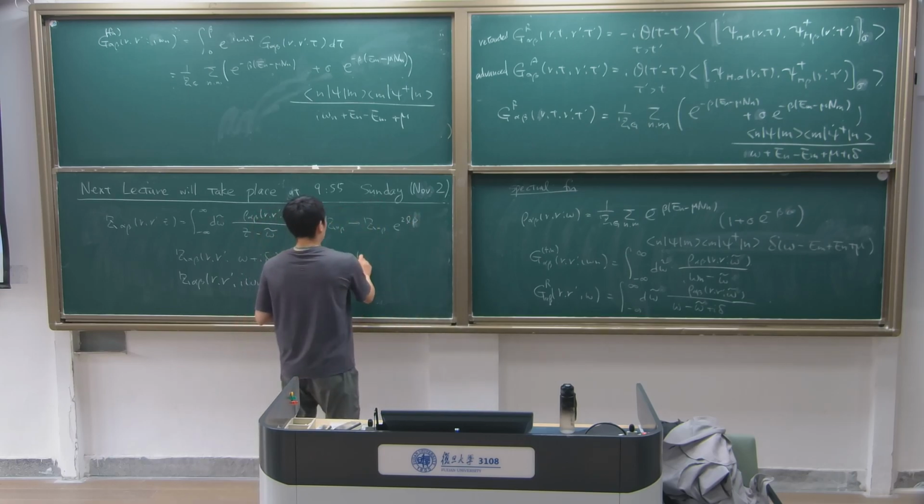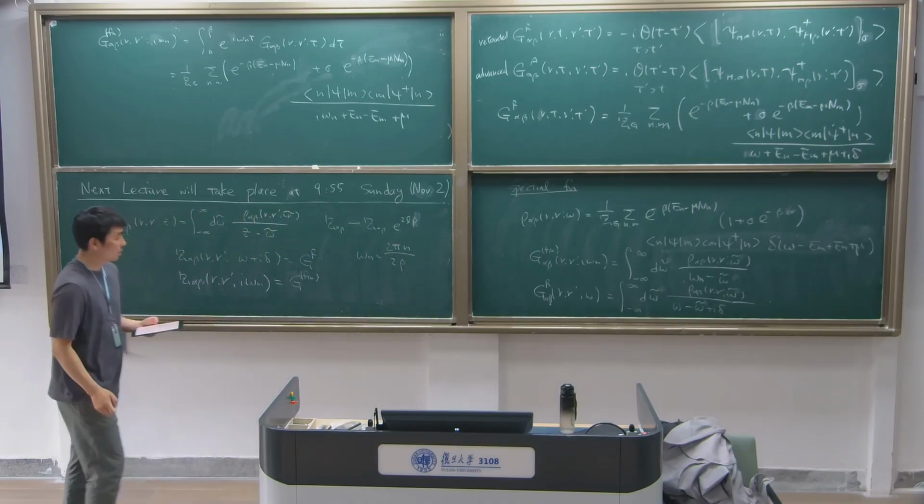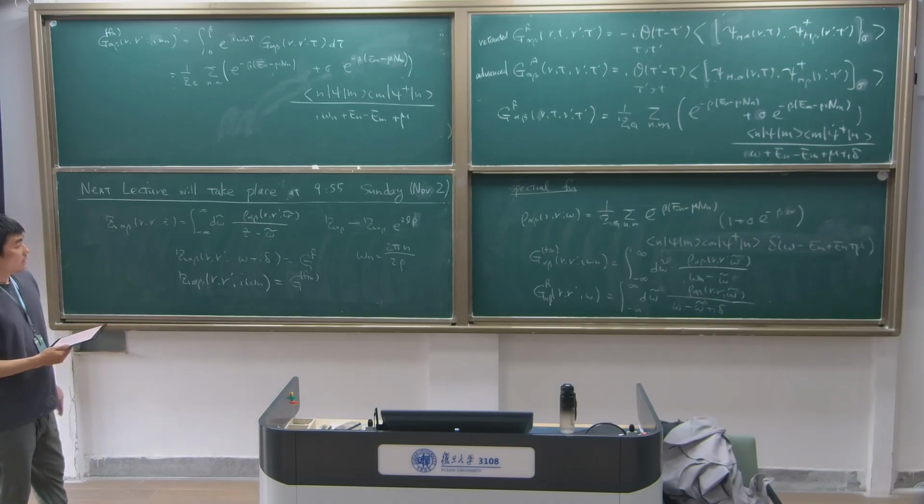The omega n is a product of 2 pi over beta and an integer. Okay? So that's the definition for omega n.